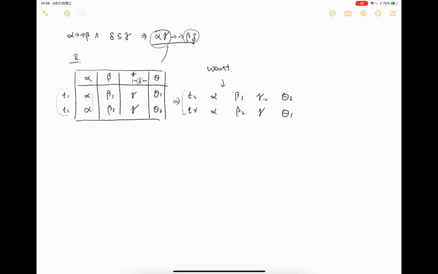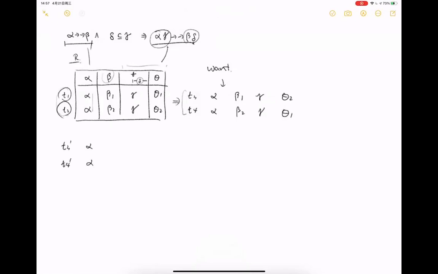So how can we make that happen, right? This is actually very simple. Because I have alpha to beta on my left hand side, that means if you give me T1, T2, I can always apply this rule. I can always find T3 prime and T4 prime with the following: they have the same value as T1, T2, but they swap the value of beta and the rest of the attributes.